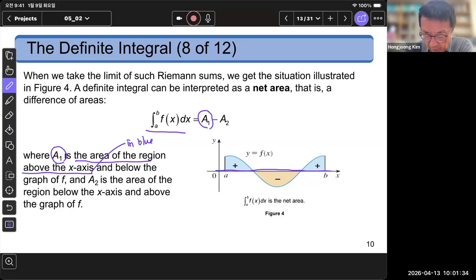And A2 is the area of the region below the x-axis and above the graph of f. That is the area in orange. Then the definite integral will give you only the difference between these two. In other words, it will give you the net area between the graph of the function and the x-axis.